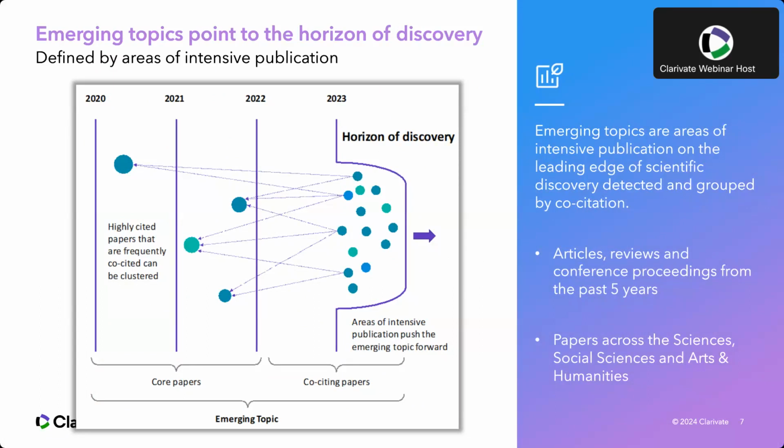Let me explain how it looks. In short, our methodology clusters papers together based on both similarity and recency. To be an emerging topic, obviously, we're talking about recent papers.